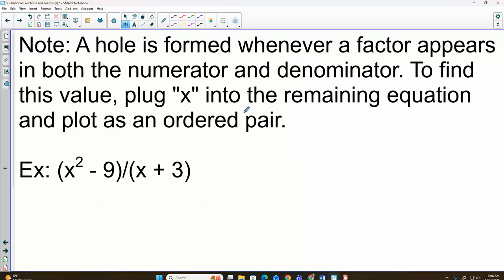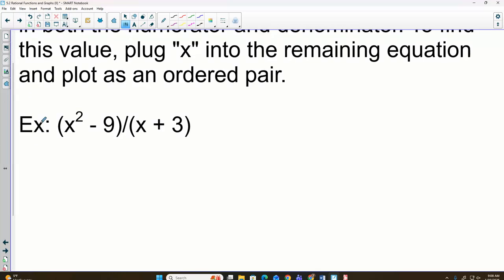The final new thing I want to talk about is how do you get a hole on your graph. So a hole happens when something appears in both the numerator and denominator. For instance, if I said x squared minus 9 over x plus 3, how do you factor x squared minus 9?